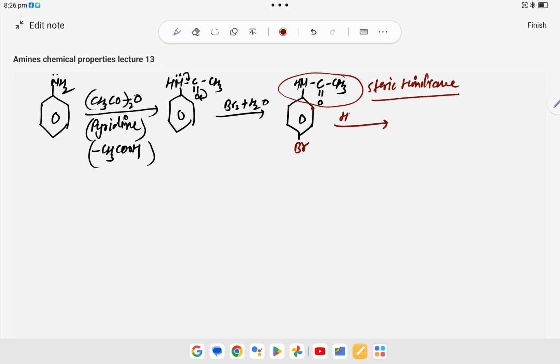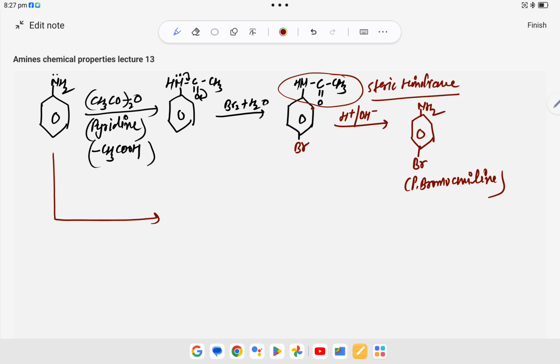In the next step, if you do acidic or basic hydrolysis, then what happens? Your monodirective compound, para-bromoaniline, will be formed. If you do direct bromination, then what will you get?